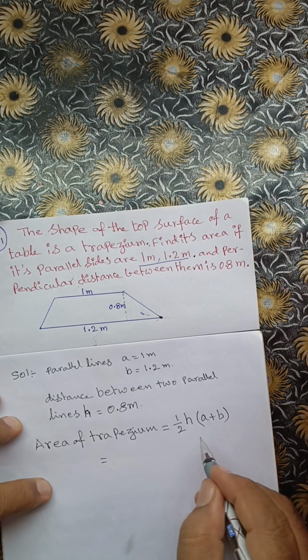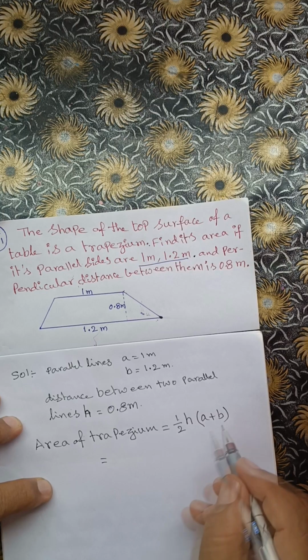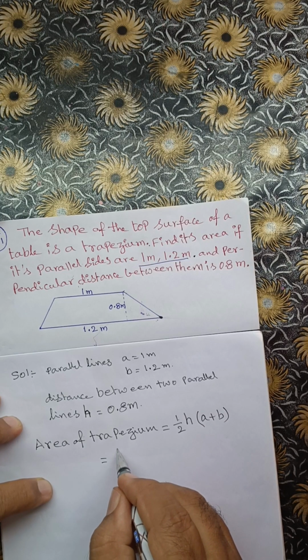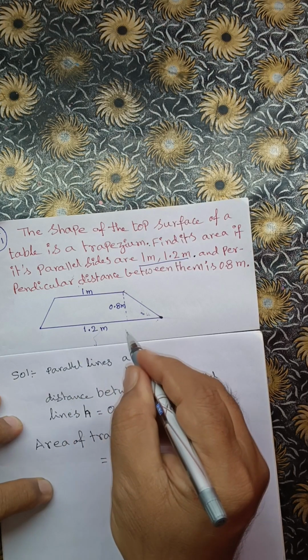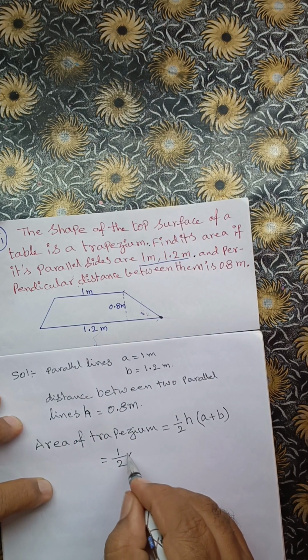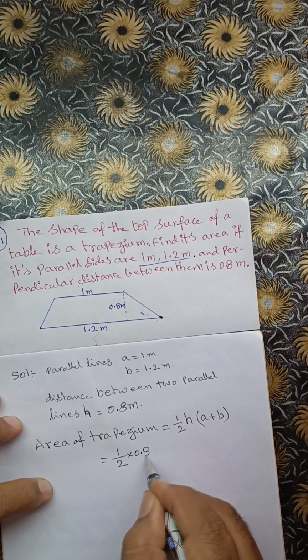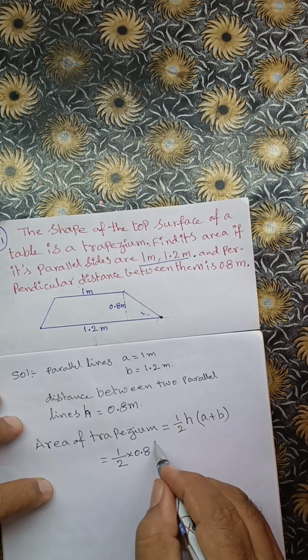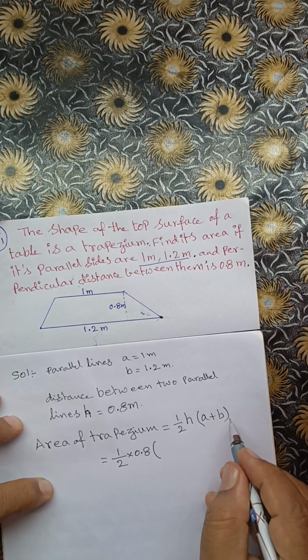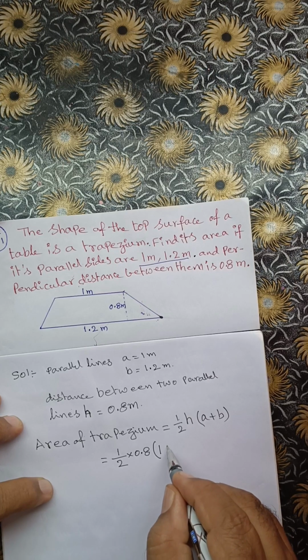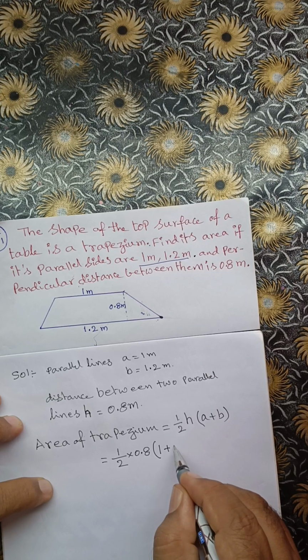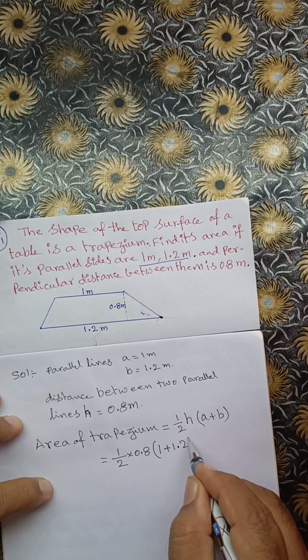What are the values of a and b? First, write the 1 by 2 and h value. What is the h value? 0.8 into a and b values. A is equal to 1 and b is equal to 1.2.